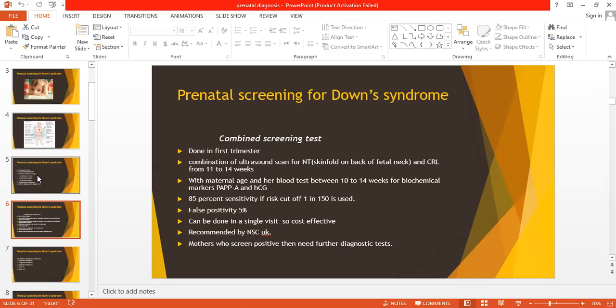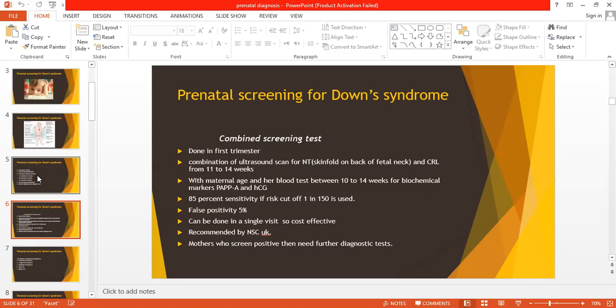What is it? It is basically a combination of ultrasound scan for nuchal translucency. Nuchal translucency is the skin fold thickness on the back of the fetal neck. If the skin fold thickness is more than 3.5 mm, it is thought to be suspicious.